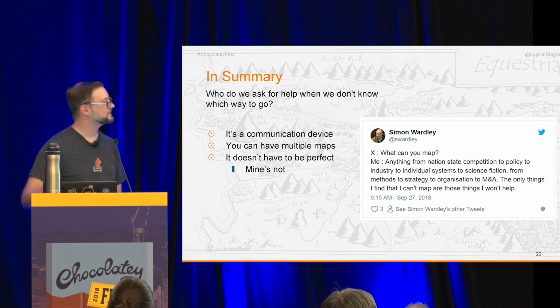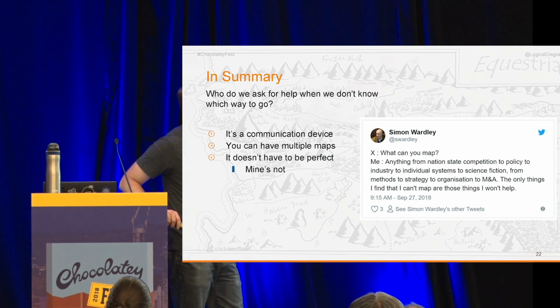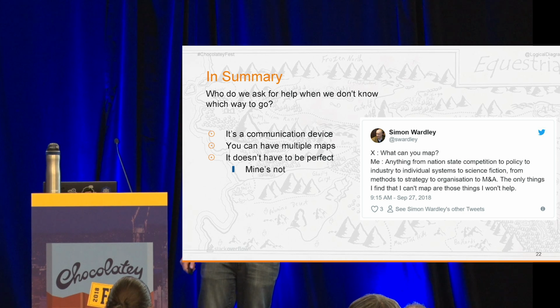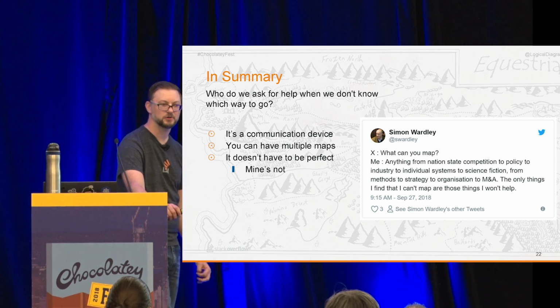And just another tweet, because he's insanely intelligent and very well spoken about these things. I'm talking about making maps from an operational perspective, but he was thinking about them from the perspective of a CEO.